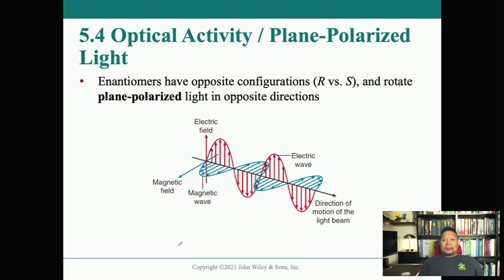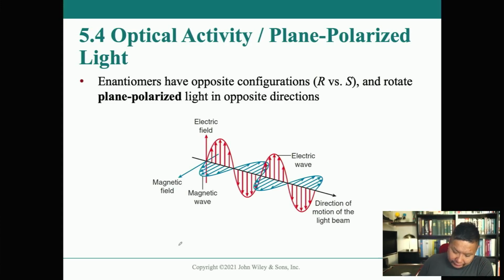But all electromagnetic radiation, including light, is composed of an electric field and a magnetic field, right? And that's why we call it electromagnetic radiation.